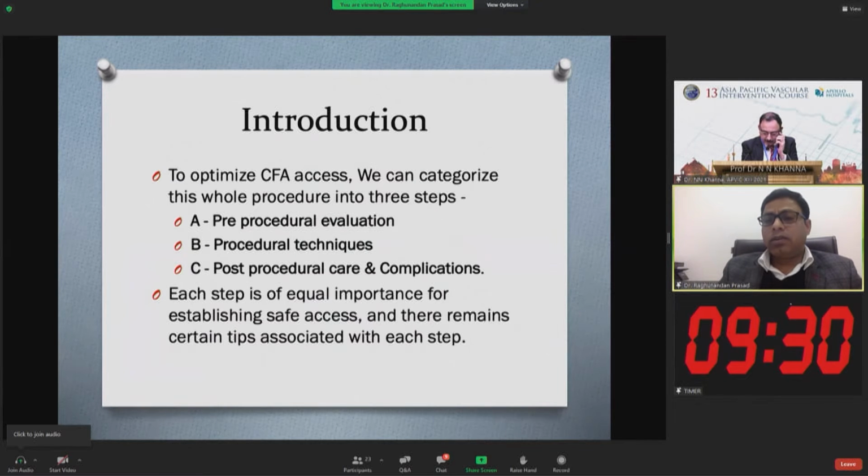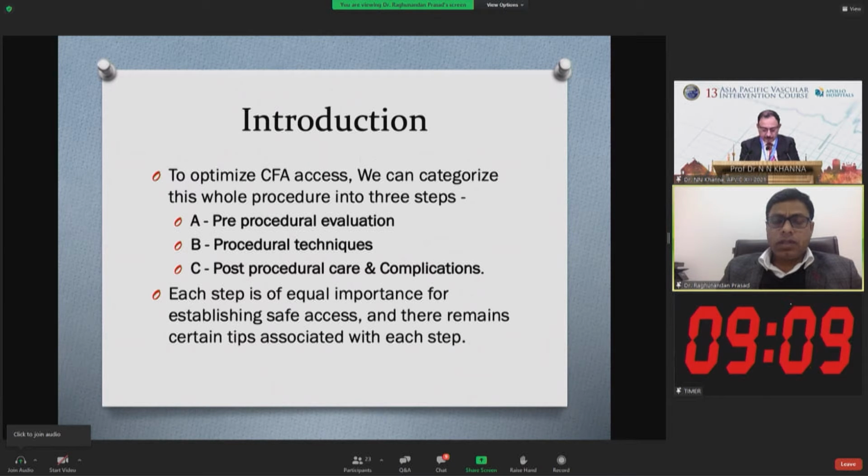To optimize the common femoral artery access procedure, we can divide these steps into three groups. First is the pre-procedure evaluation, then the procedural techniques, and post-procedure care and complications.